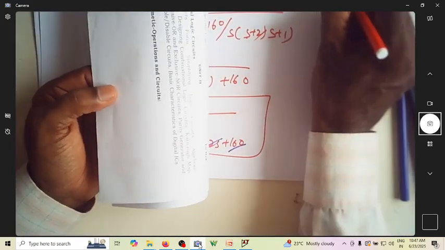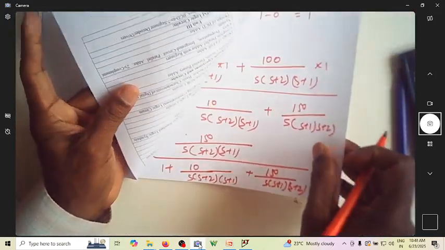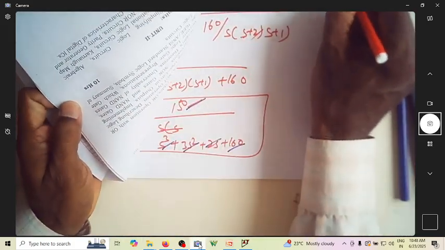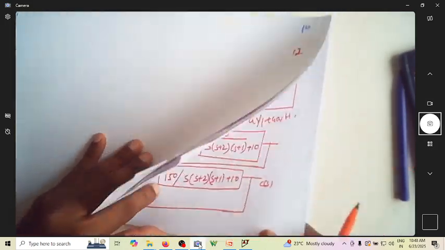So this is 10. Let me take this as 11. 10 is already over. This is 10. This is 11. This is 12. We can write this as 14.